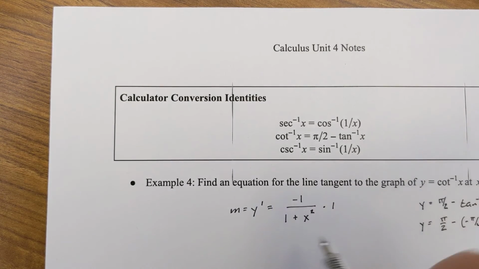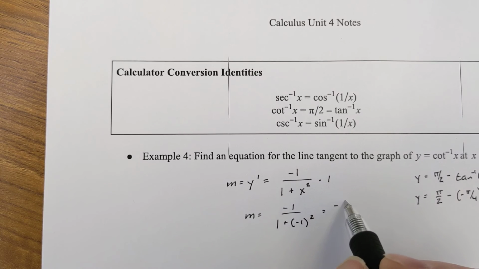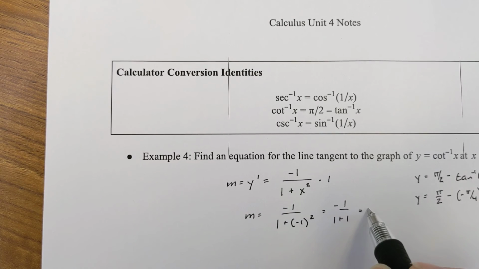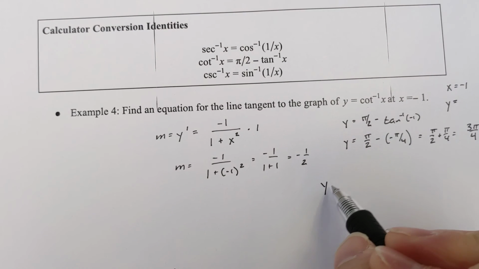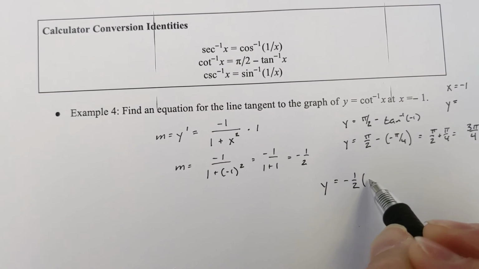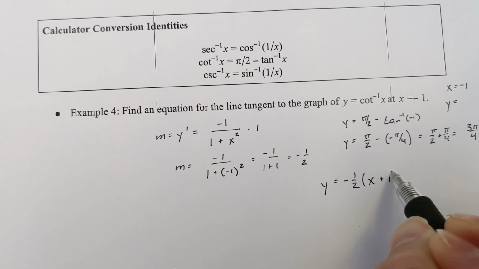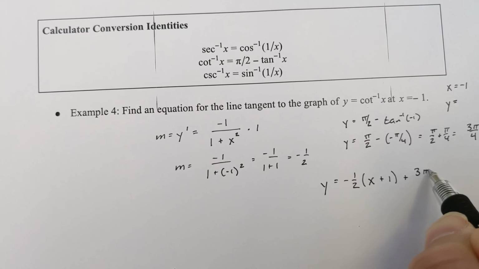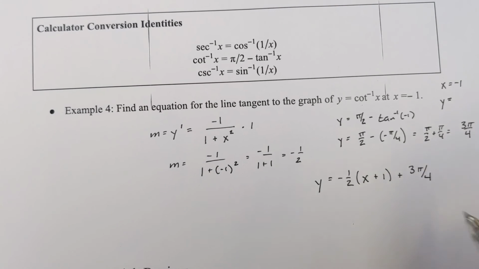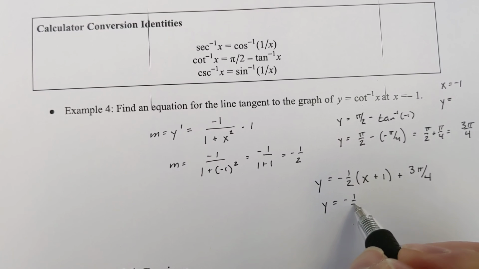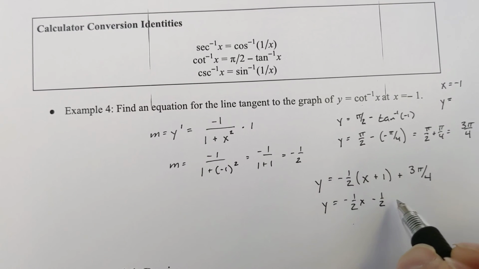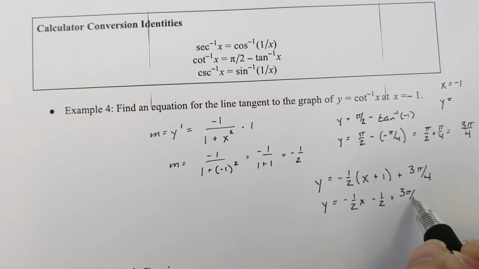So my x value is -1, so -1 over 1 plus -1 squared is -1 over 1 plus 1, which is -1/2. So my equation, y equals m times x minus x1, plus y1. So y equals -1/2 times x minus 1/2, plus 3 pi over 4.